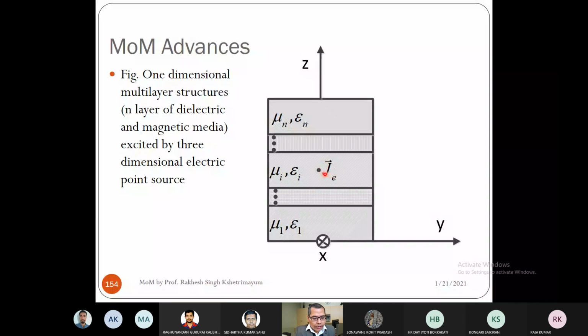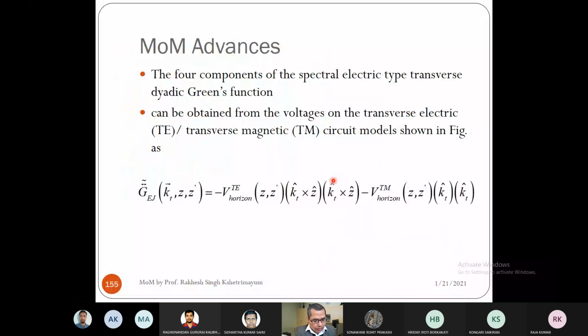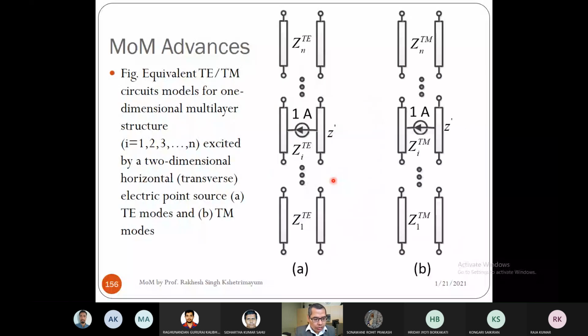We are supposed to find the Green's function for this multi-layered structure. And this can be easily done in the spectral domain by considering the equivalent circuit like this here. This has been derived actually, and this is the equivalent circuit. It has been verified in one of the classic papers in the IEEE Transactions on Microwave Theory and Techniques.